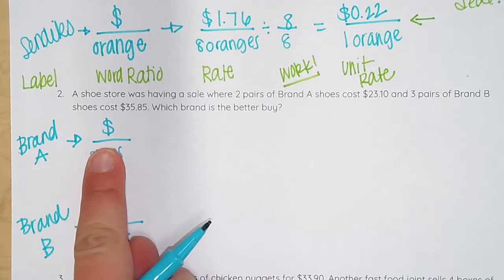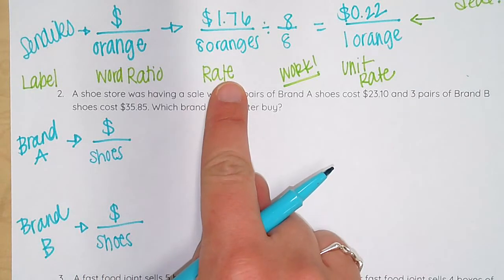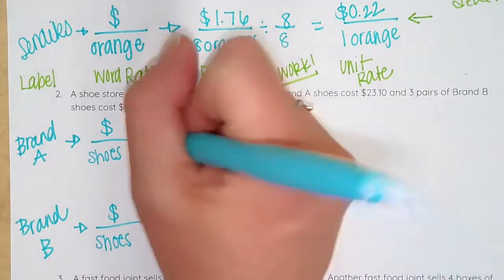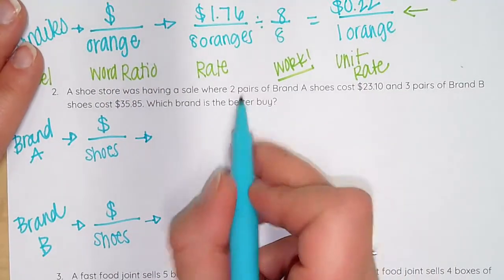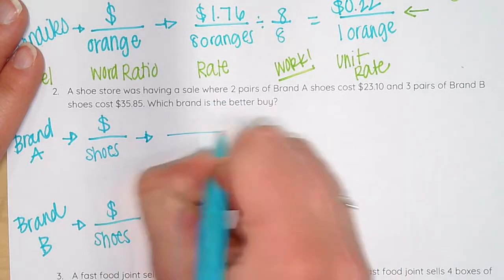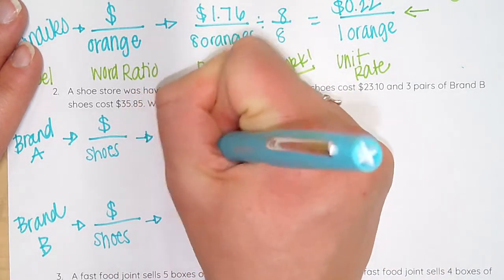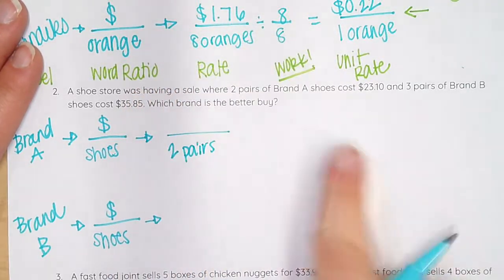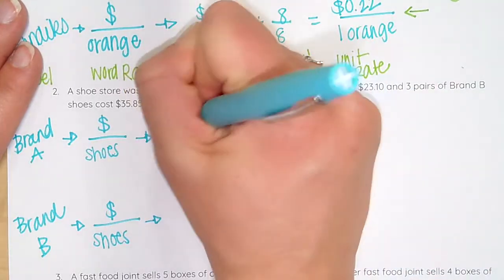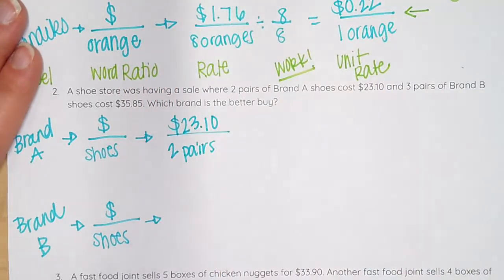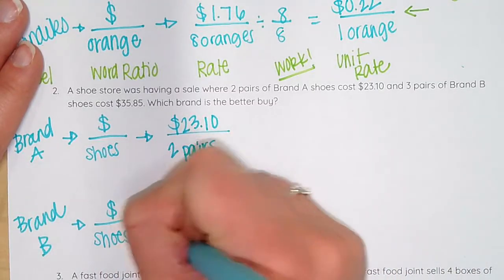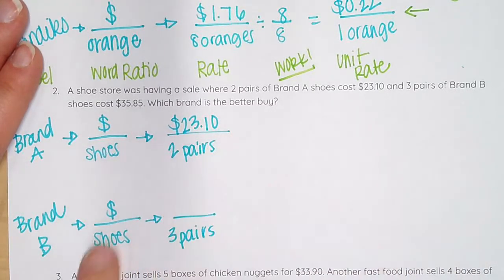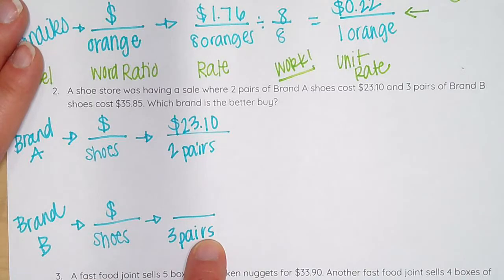After we have our word ratio, we move on to our rate for each of the brands. So two pairs costs $23.10.